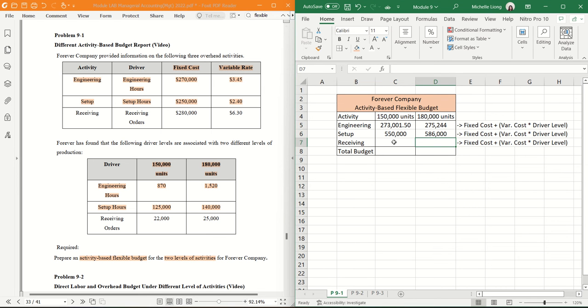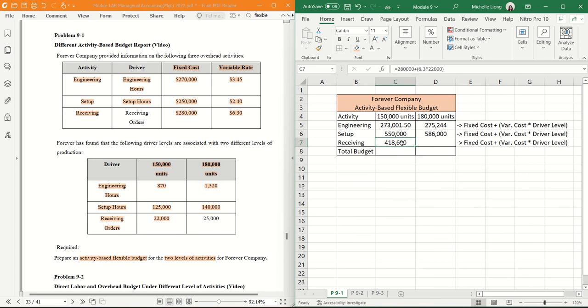Next one is receiving. Still the same. The fixed cost is 280,000, plus the variable rate of 6.3, so 6.3 times the driver level, which is 22,000.